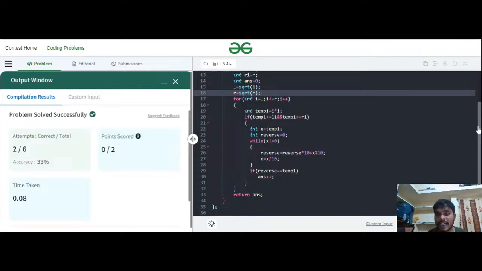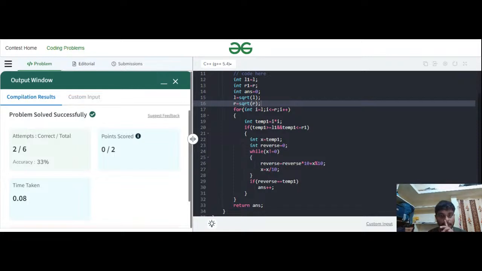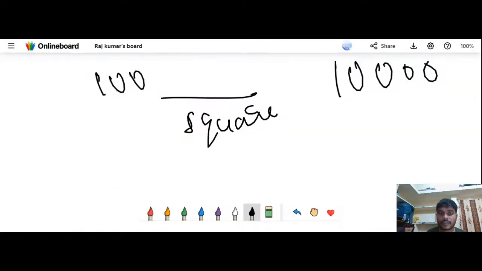What I did is, suppose if he asked us 100 to 10,000, what I am checking in this range is we have to check square numbers and palindrome numbers.